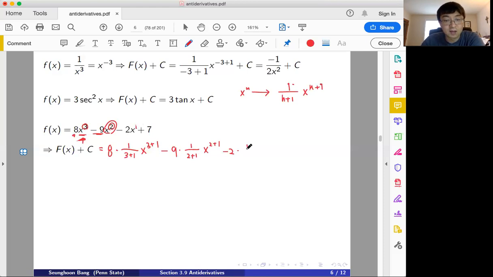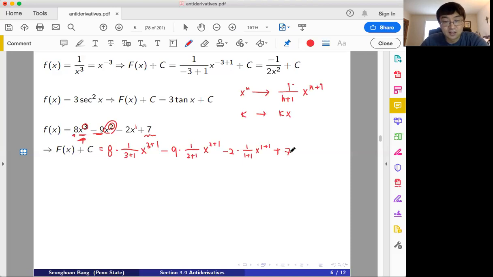Next, the power is just 1. We have the same: 1 over 1 plus 1 times x to the 1 plus 1, plus what is the antiderivative of 7? Do you know the antiderivative of 7? Yes, 7x. So if k is a constant, the antiderivative is kx.